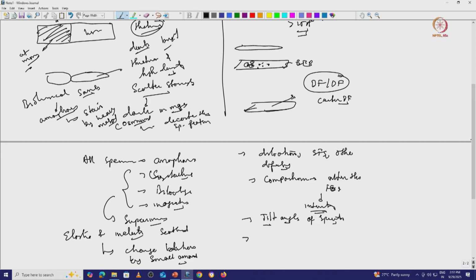Then if your sample is not flat, if it is a bent sample, then what will happen, those bent regions might be Bragg diffracted, due to which you will get dark regions, okay. So, these are called bend contours. Okay.